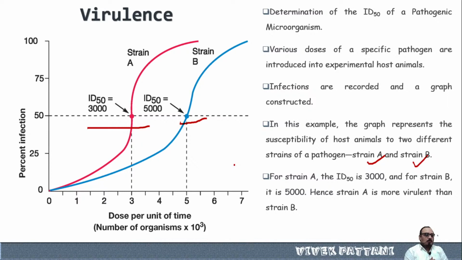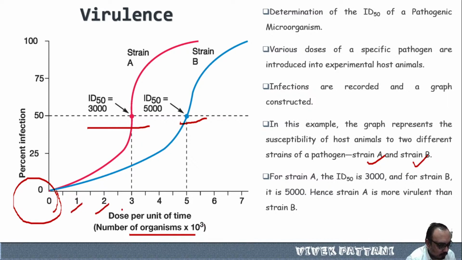Now how? Starting at the 0 point, where a dose will be administered into experimental host animals, what will happen? Infection will start. The number of organisms will be in 10 to the power 3, starting with 1000 and then 2000.